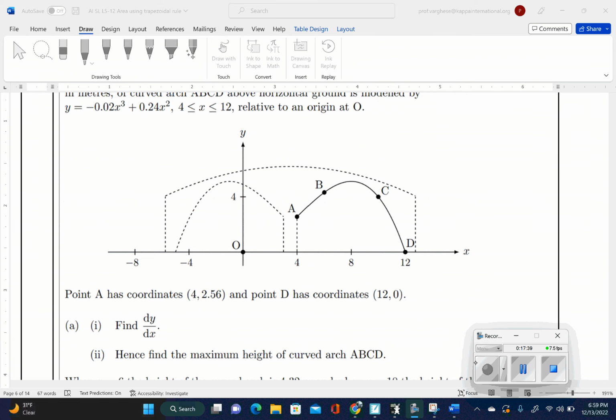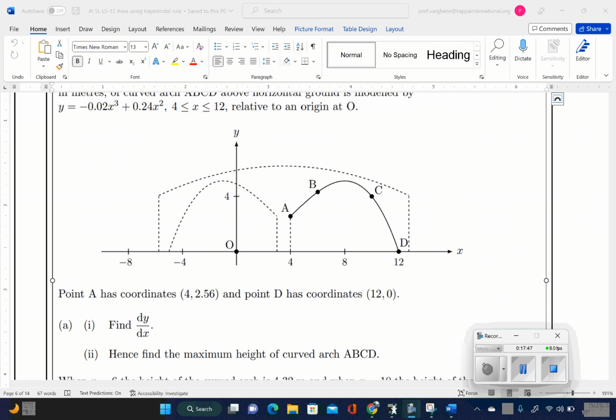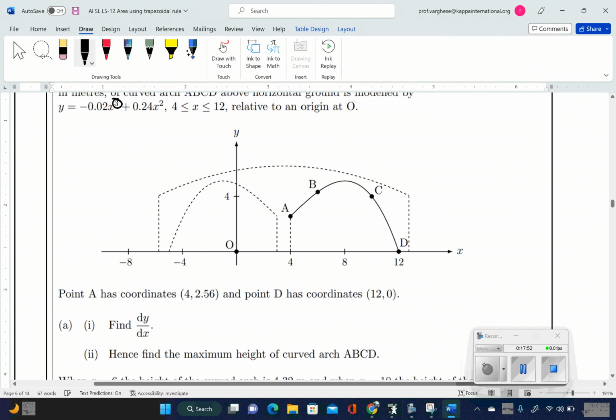This question looks crazy. So I'm finding part A. This is 13 points. First thing I'm going to do is find the derivative. I think we've done derivatives enough that we can kind of do this in our head right now, right? Take this exponent, multiply it by this number right here. So I'm going to get negative 0.06, and that's going to be, take minus 1, so that's going to be x squared.